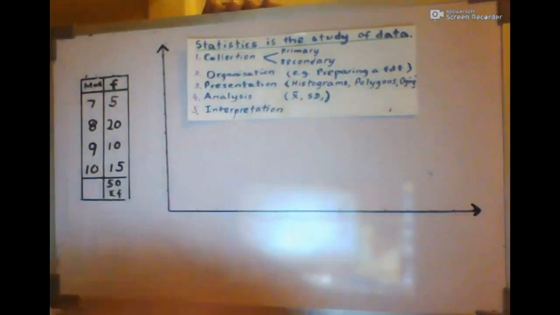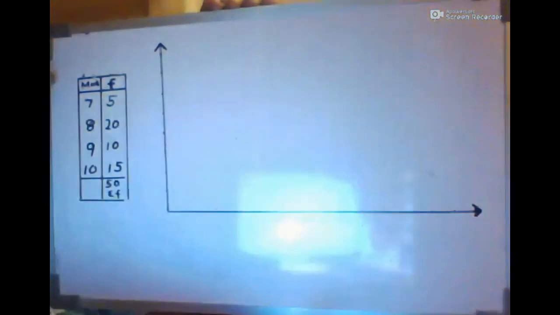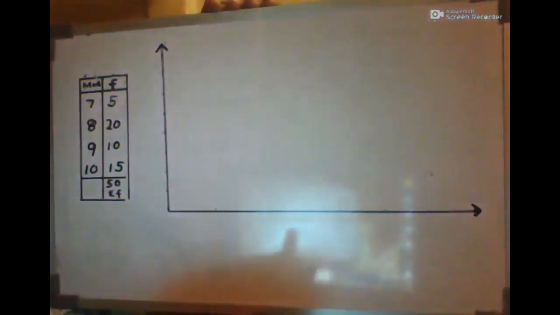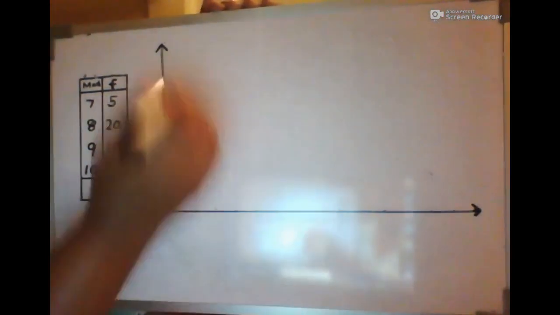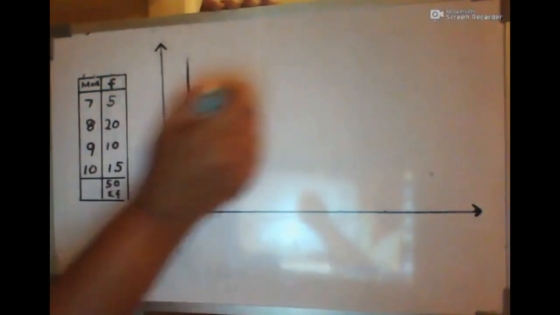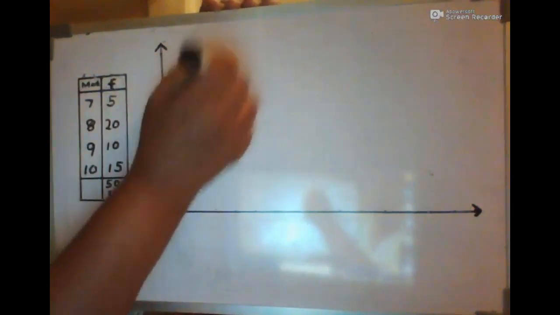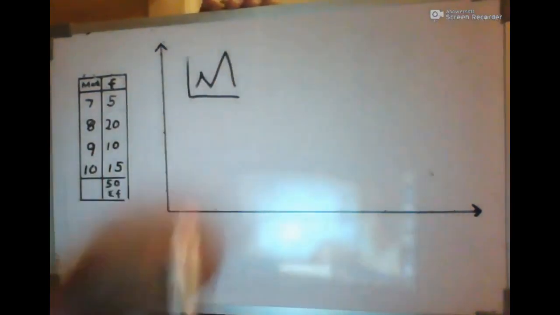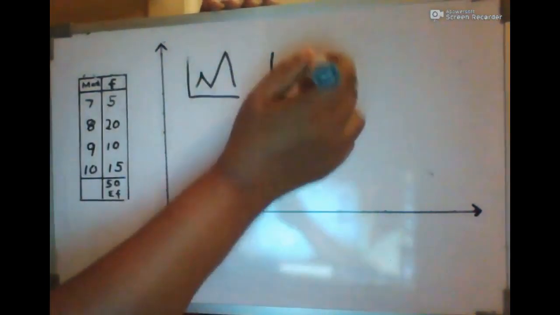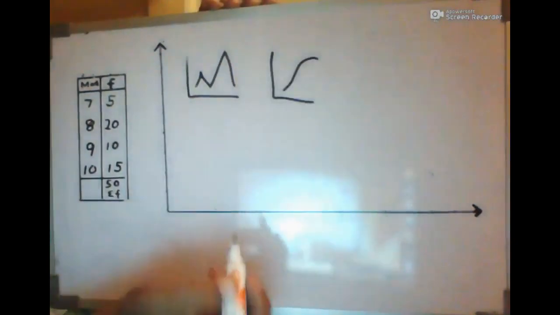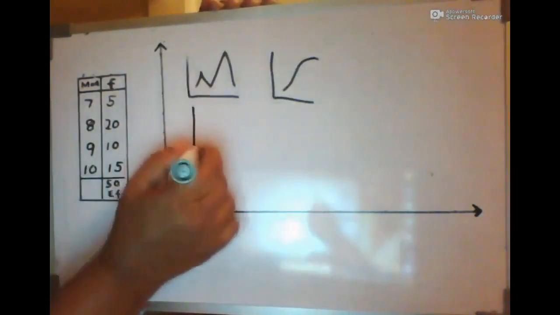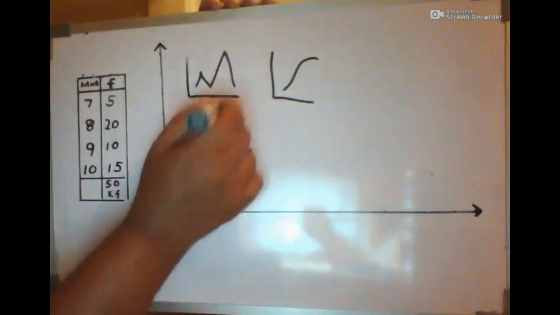That's what you have in your syllabus, right? 3 types of graphs. Now, graphs can be like this. There are different types of graphs. This is a line graph. This is a curve. This one is a bar chart, bar graph.